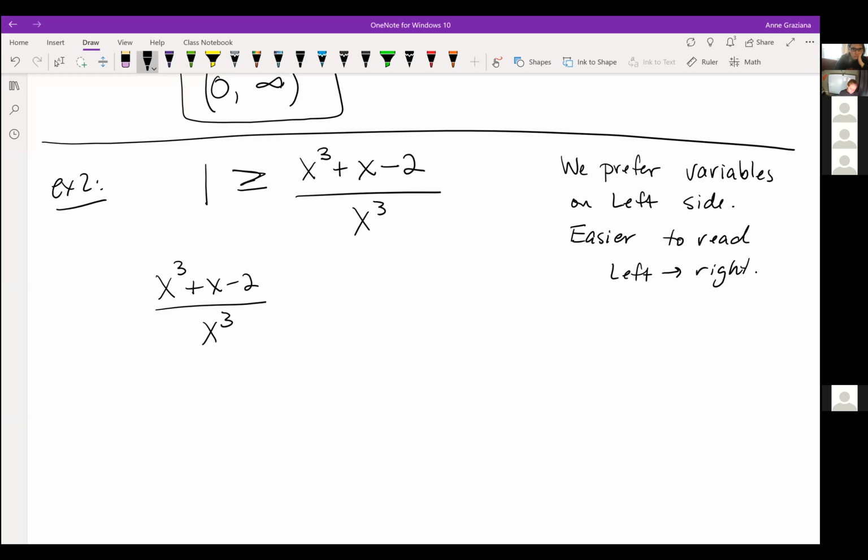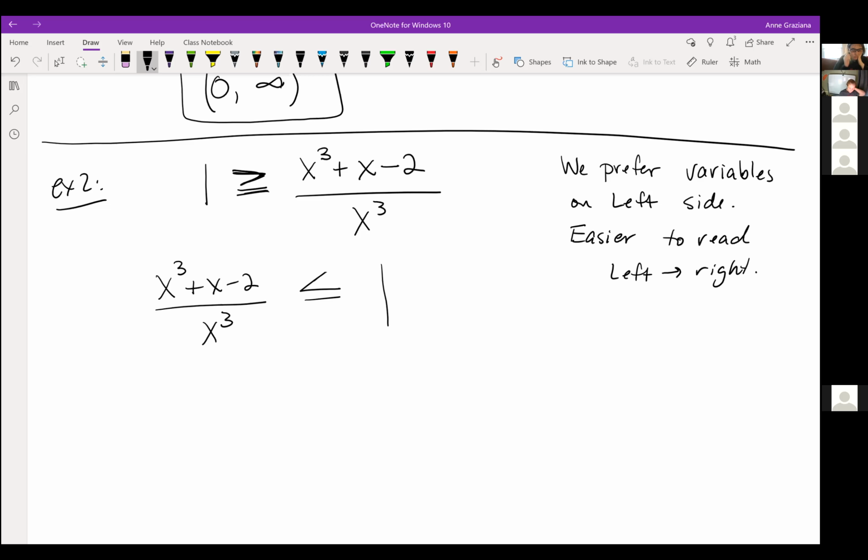You have to make sure your inequality stays pointing that way. Okay, so I don't want to change what it's saying. I just want to reverse the order of it. So saying that 1 is greater than this stuff is the same as saying this stuff is less than or equal to 1. You guys see that? Any questions about what I just did?